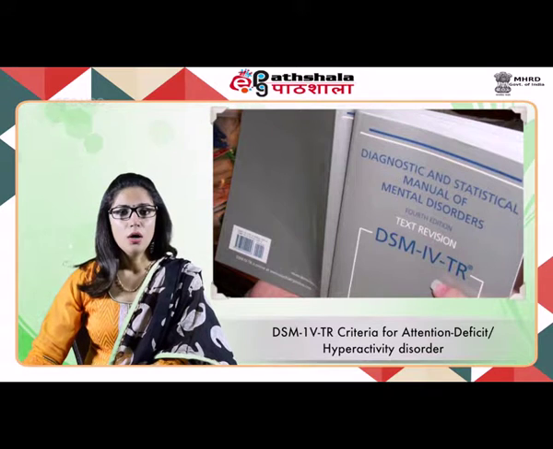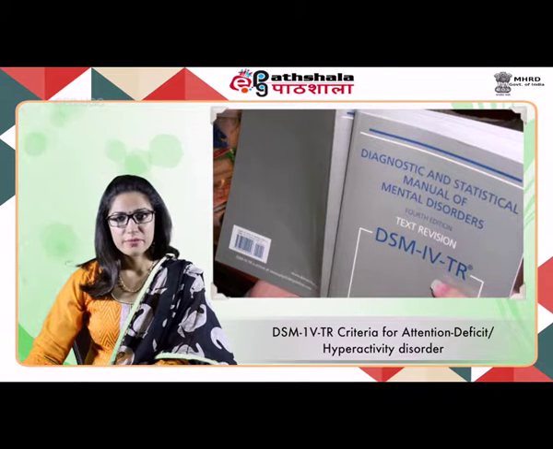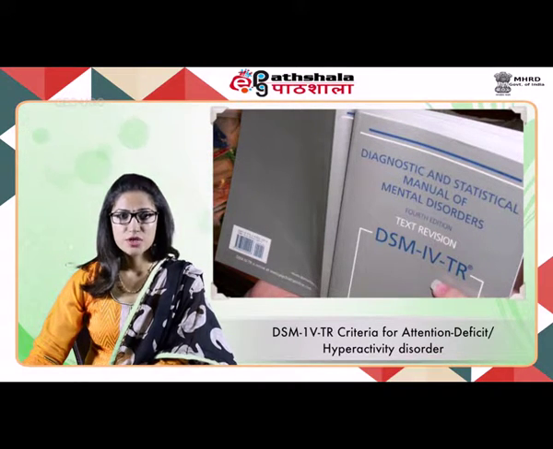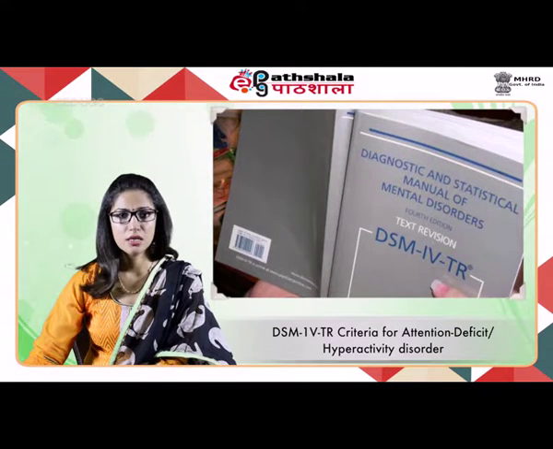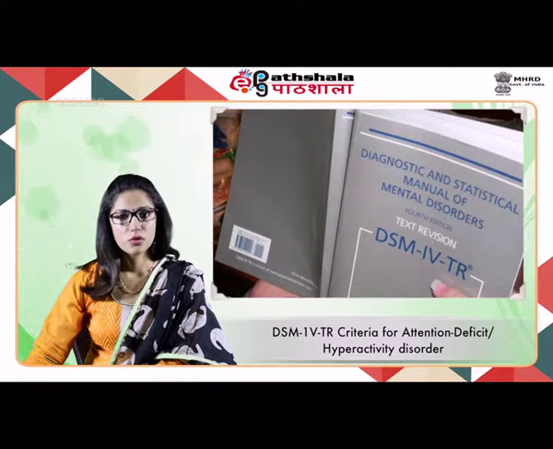C, often runs about or climbs excessively in situations in which it is inappropriate. For example, in adolescents or adults this may be limited to subjective feelings of restlessness. D, often has difficulty playing or engaging in leisure activities quietly. E, is often on the go or often acts as if driven by a motor. F, often talks excessively.